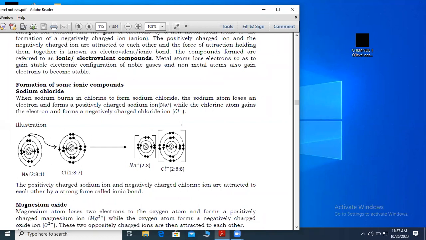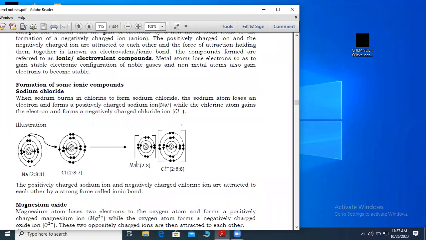Then the electron that was lost: originally chlorine's outermost shell had 7 electrons, 2 plus 2 plus 2 plus 1. But now you can see there are 8. So the chlorine atom gained that electron that was lost by sodium. So it now also has a negative charge.